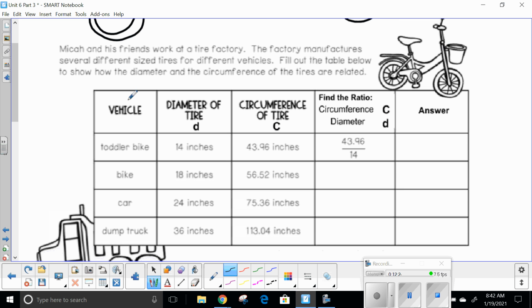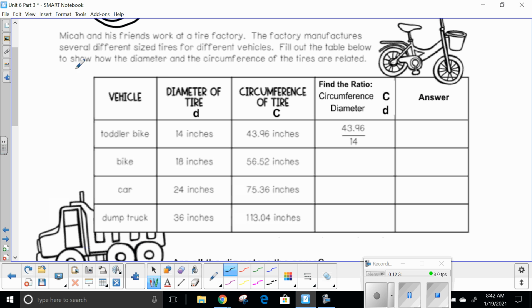All right. So we have this table. Micah and his friends work at a tire factory. The factory manufactures several different size tires for different vehicles. We need to fill out the table below to show how the diameter and the circumference, notice it's diameter and circumference, of the tires are related.